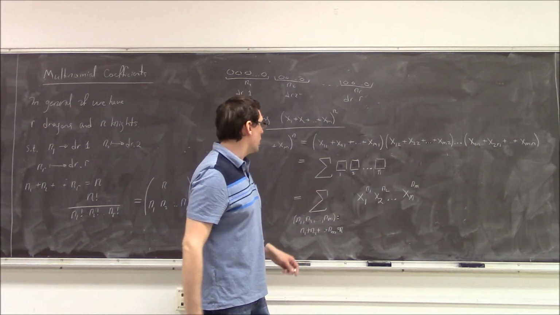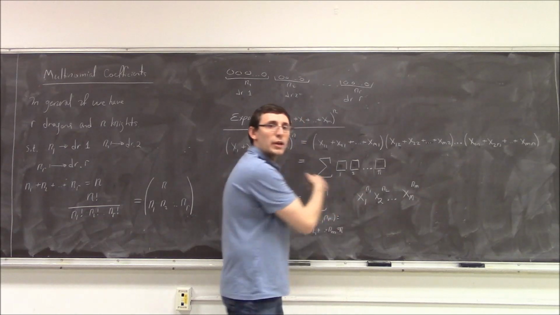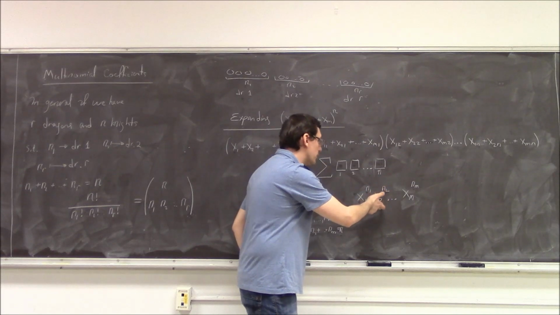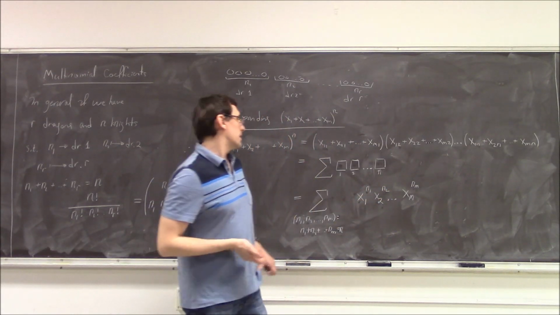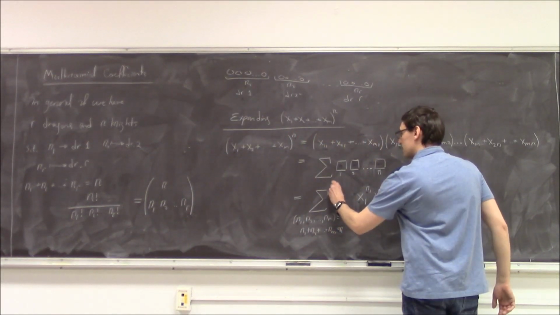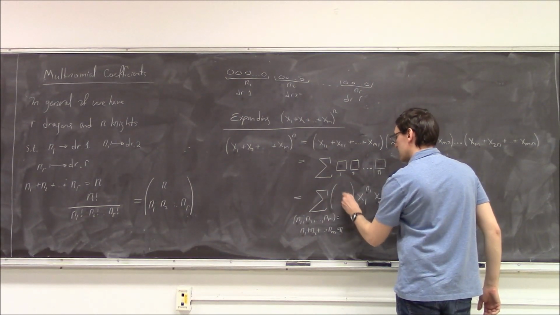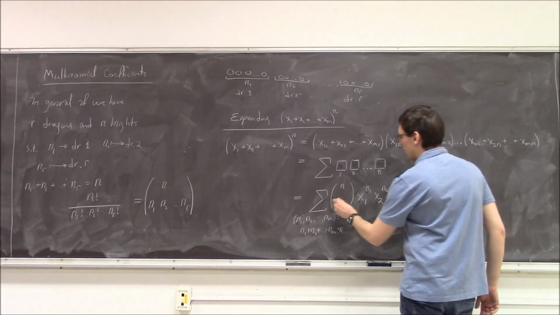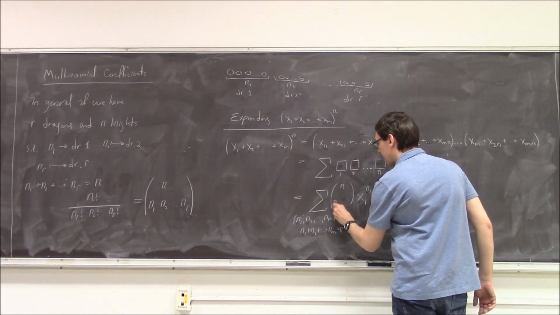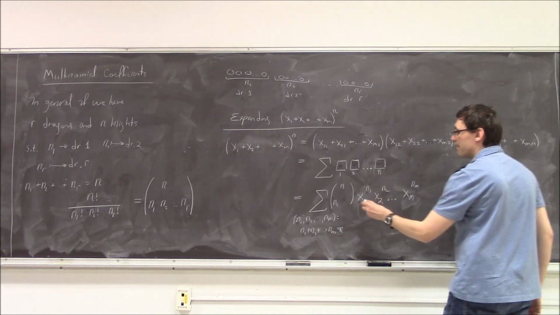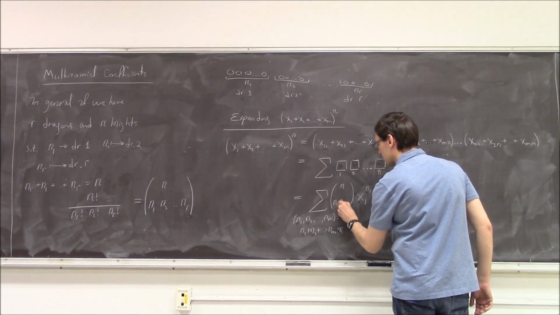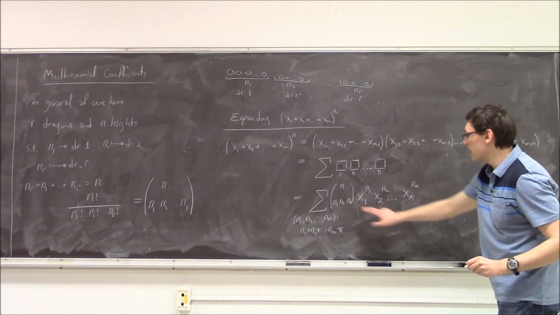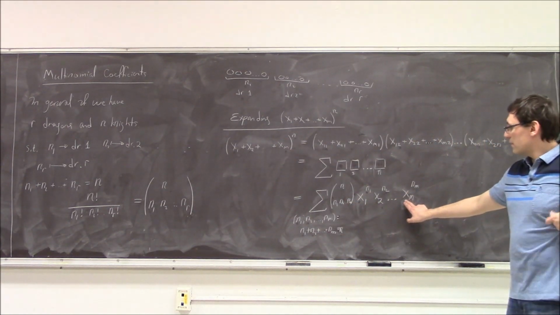Now that is easy to answer. The destiny of n1 knights is to be food for dragon 1, of n2 knights to be food for dragon 2, etc. So the coefficient here is n, and then we have n1 knights going to x1, n2 knights going to x2, all the way to nm knights, which will go to this variable.